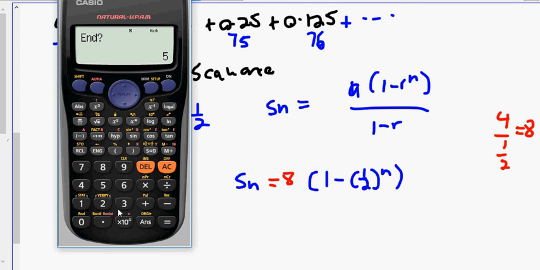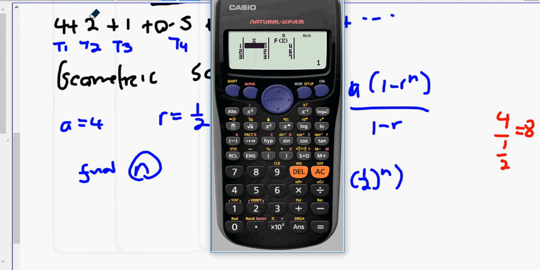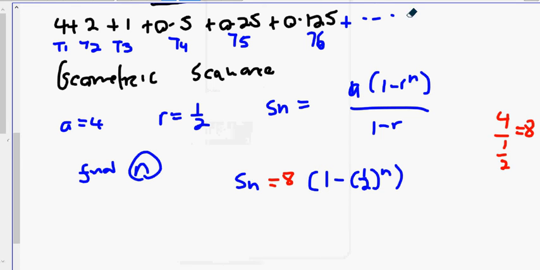Start at 1, end at 10. Let's see. So we have 4, which is S1. S2 is 6. S3 is 7. And then stage 7. So it'll be N equals 7. We know that much. We gotta show it. Okay.